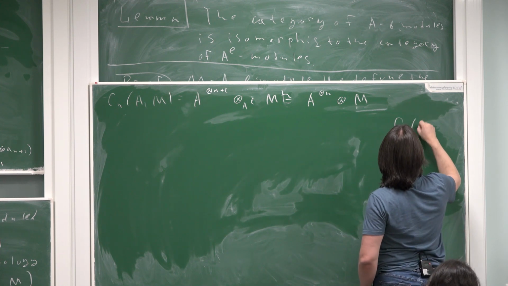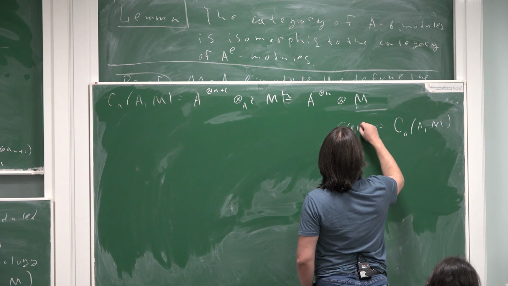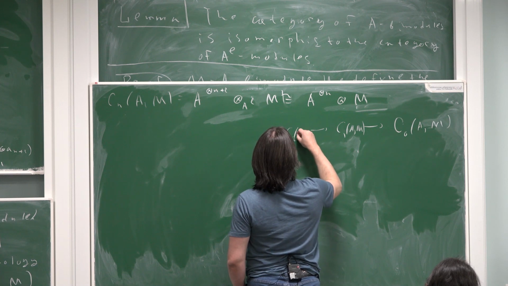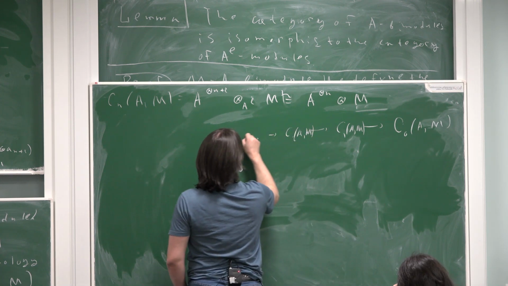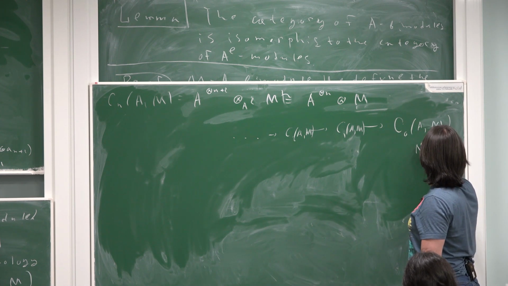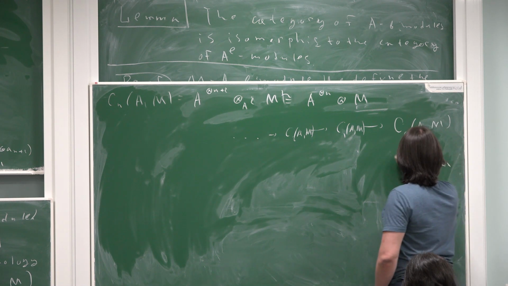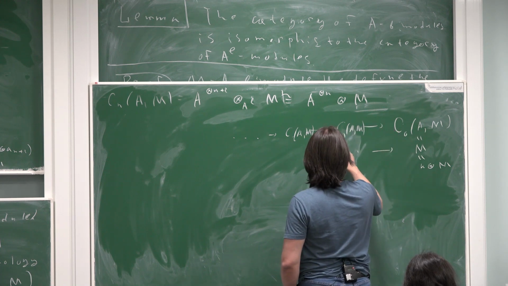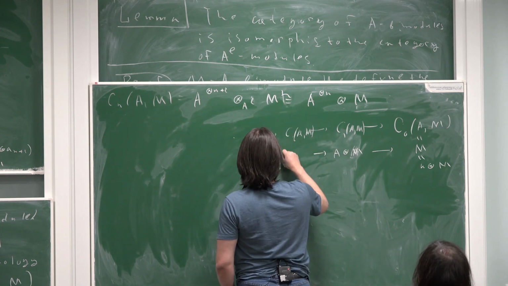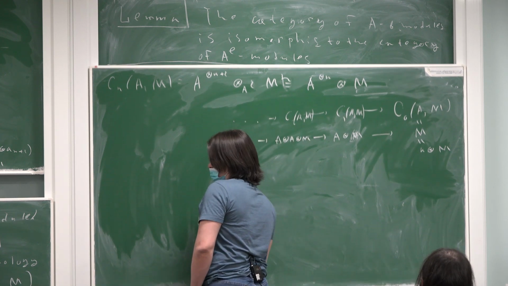So it's C_0 of A, M, C_1 of A, M, C_2 of A, M, and so on. And here we have as before M, which is K tensor M. Here we have A tensor M, then A tensor A tensor M, and so on.